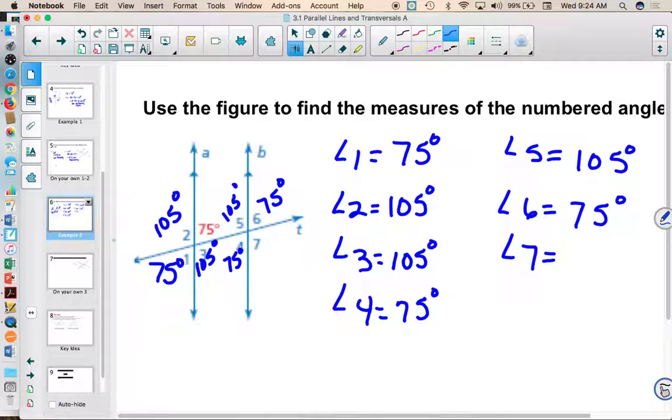I want one more. Michael, what's angle 7? I know you do. Let me ask you this, Michael. If we say angle 1 and the given are vertical angles, and I could tell you angle 2 and 3 are vertical angles, what is the value of angle 7?